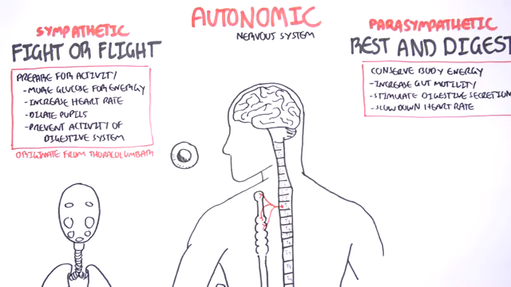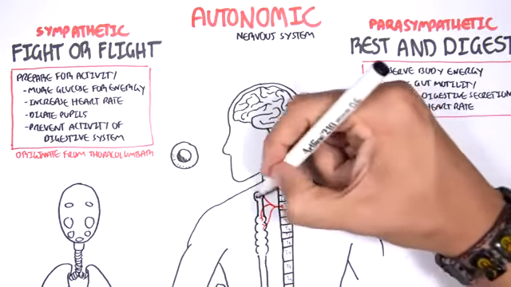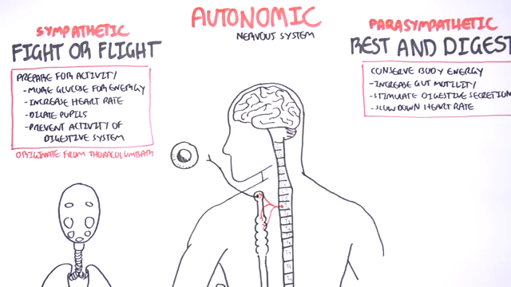And then this new neuron is called the postganglionic neuron, which will then carry the sympathetic information to a target tissue. Again, we won't go into too much detail about the nerves and where they come from. Just know that the sympathetic nerves originate either from the thoracic or lumbar regions of the spinal cord.